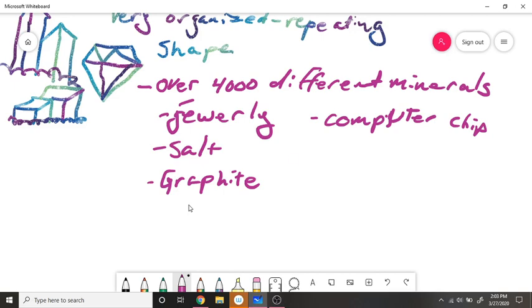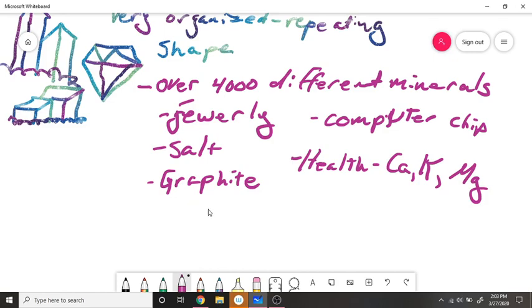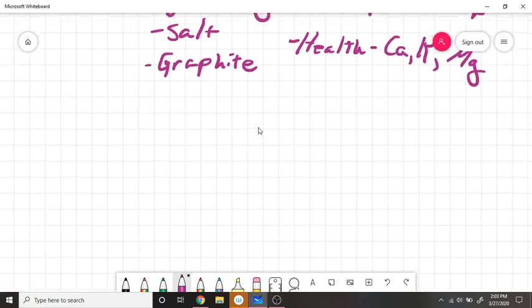And we even use minerals for our general health. We need to make sure that we are eating our calcium, that we are getting our potassium and our magnesium. All come in dietary forms as mineral compounds.